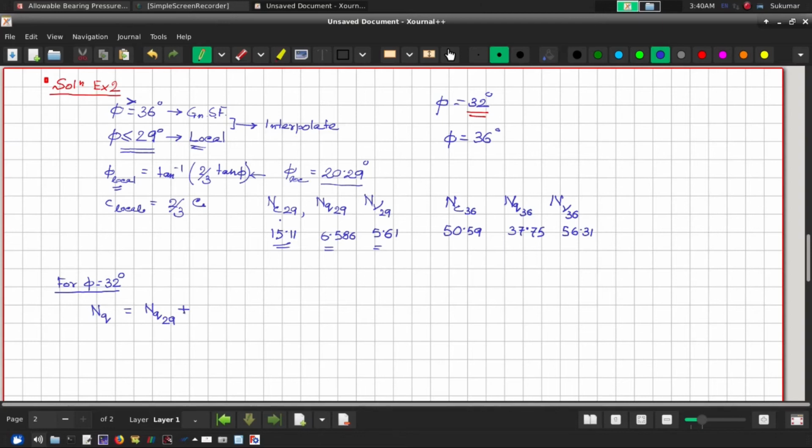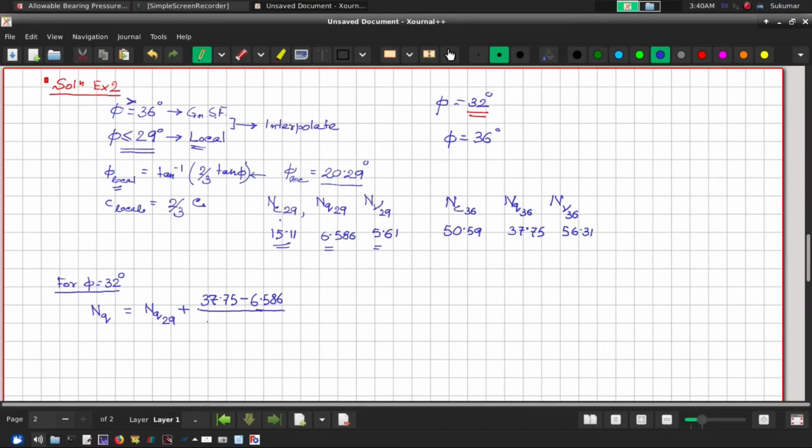plus, what is the difference between NQ of 36 and NQ of 29? It is 37.75 minus NQ of 29, which is 6.586.